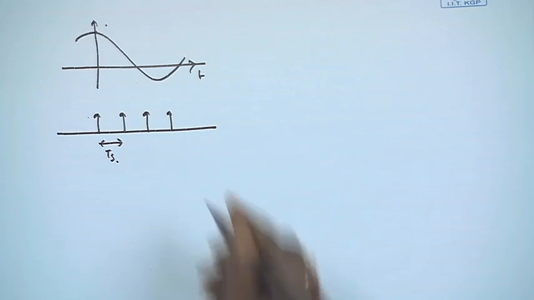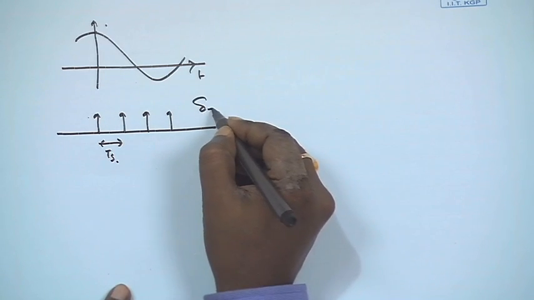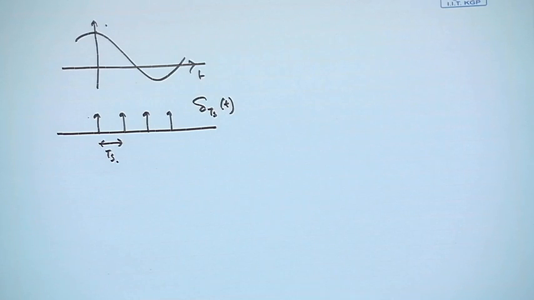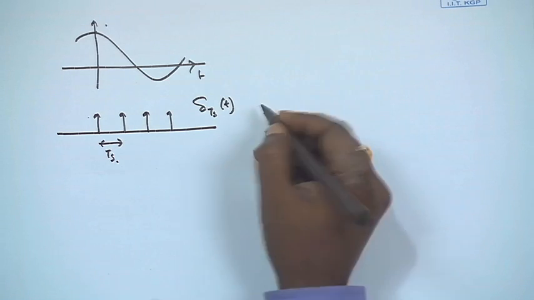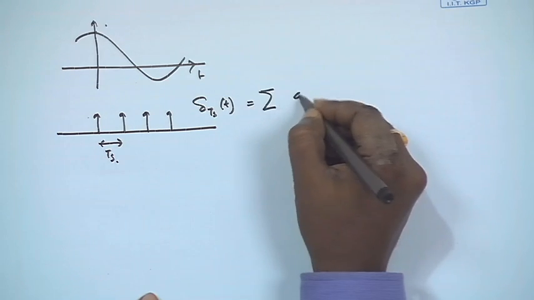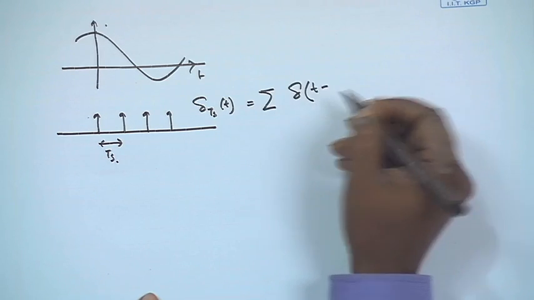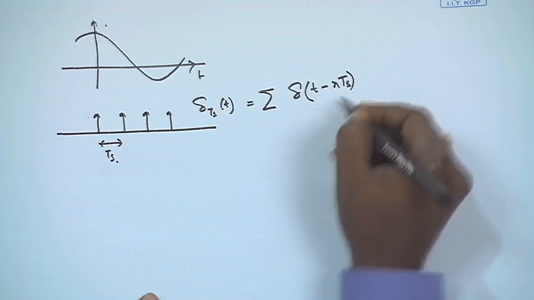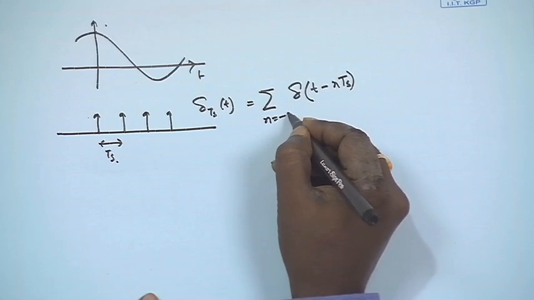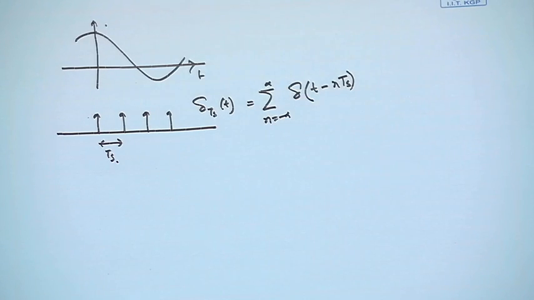I represent this as delta Ts of t, which is nothing but a train of delta functions. We can write this as the sum of delta of t minus n Ts, where n goes from minus infinity to plus infinity. So at different locations in time there are delta functions, and it is periodic. After every Ts it gets repeated.